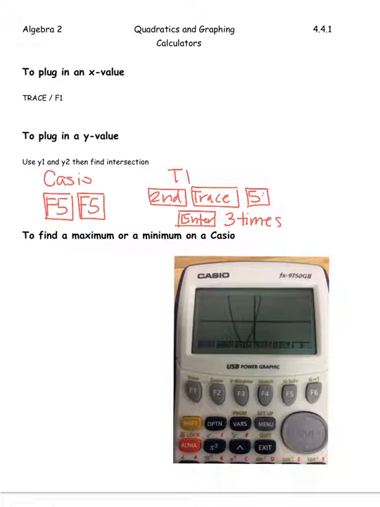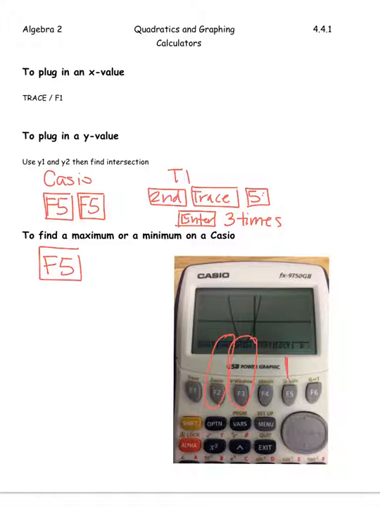A new skill we're going to need with quadratics is the maximum or the minimum of the equation. Since we're dealing with parabolas that have bottoms or tops, then we have maximum and minimum values. On the Casio pictured right here, if you press F5, like we did when we wanted to find intersection, but over here F3 is minimum, F2 is maximum.